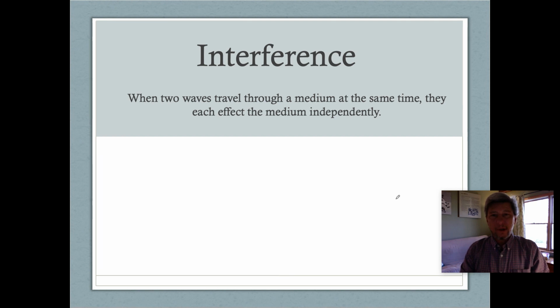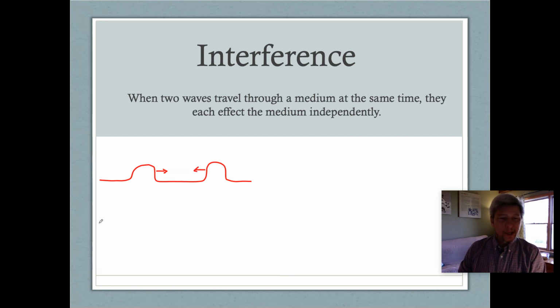When two waves travel through a medium at the same time, they each affect the medium independently. For example, let's say here's the equilibrium, and I've got a wave moving to the right and another wave moving to the left.